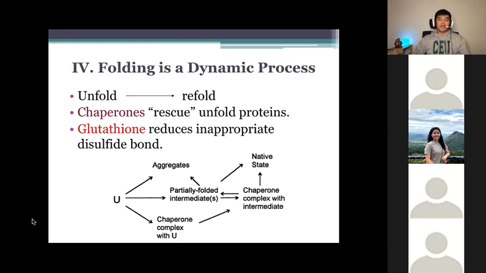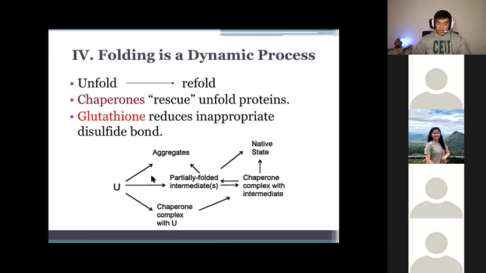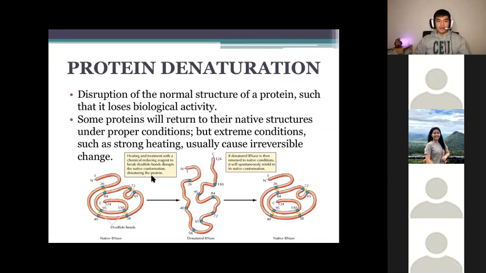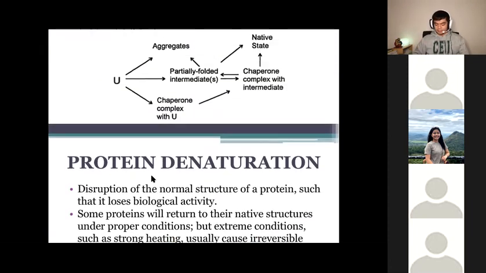And then for glutathione naman, accordingly, this is the one that reduces inappropriate disulfide bonds that could be seen in the polypeptide, particularly those that are placed exterior. So these are the factors that could affect protein folding process.